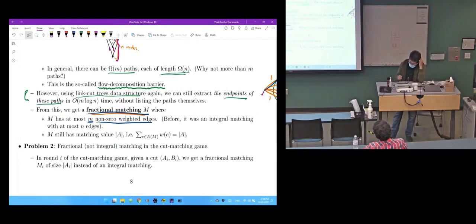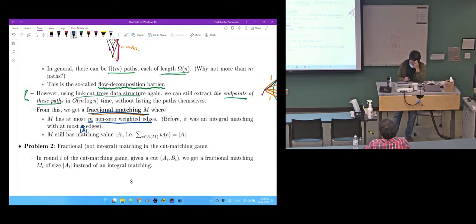Okay. So before, there can be n edges in the integral meshing. Now it's going to be m non-zero weighted edges in the meshing. Is it mod A edges or n edges? It's mod A edges, right? Yeah, it used to be A edges.